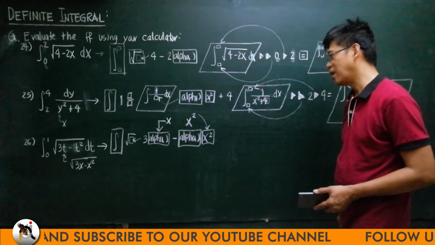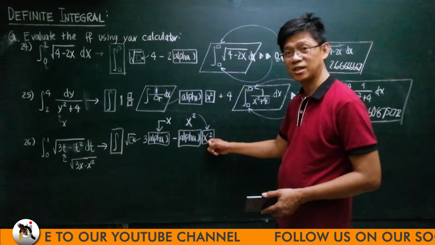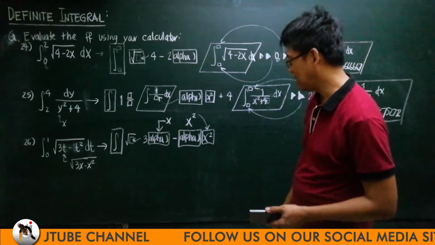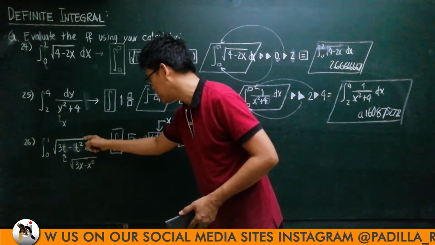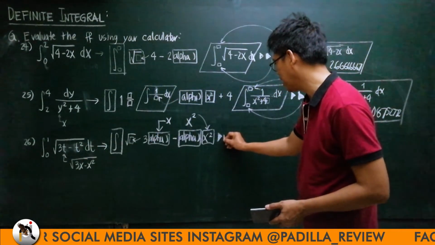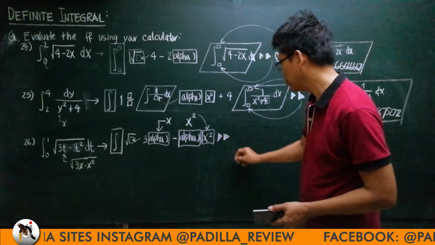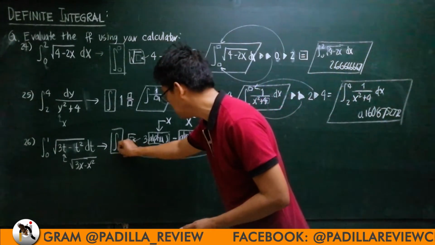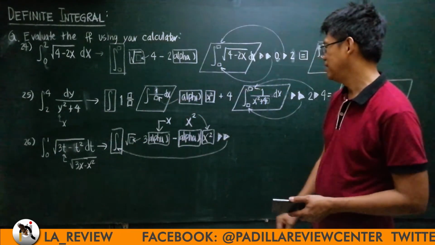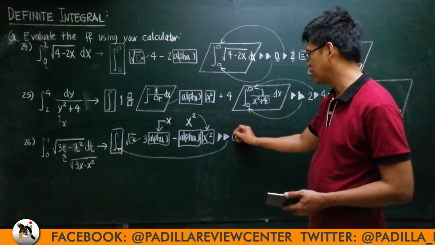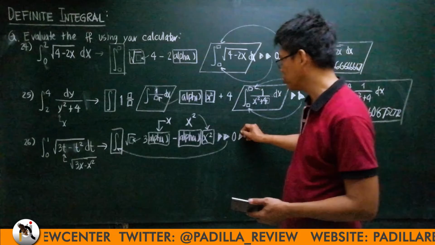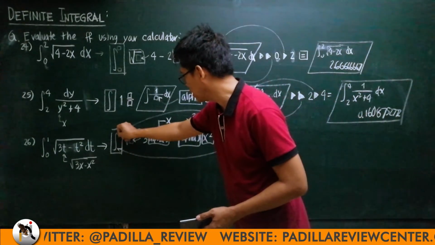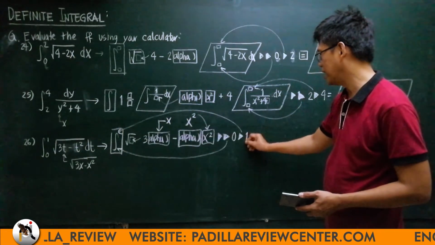Then press the right arrow key to go out of the square root. Then press the right arrow key again to bring your cursor to the lower limit. Okay? So the lower limit is 0. Then press the right arrow key to bring the cursor to the upper limit, which is 1.